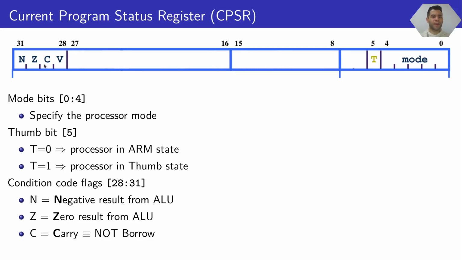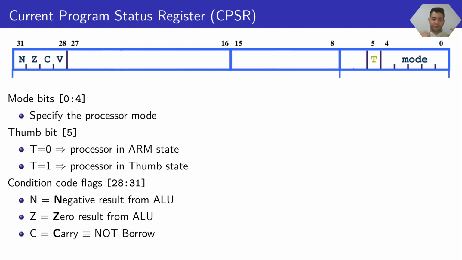And then we have the carry flag. The carry flag is closely related to the borrow flag, so closely related that they do not use a separate borrow flag. There is this relationship between the carry and the not borrow flag: when the carry is set to 1, it means the borrow is set to 0 and vice versa.